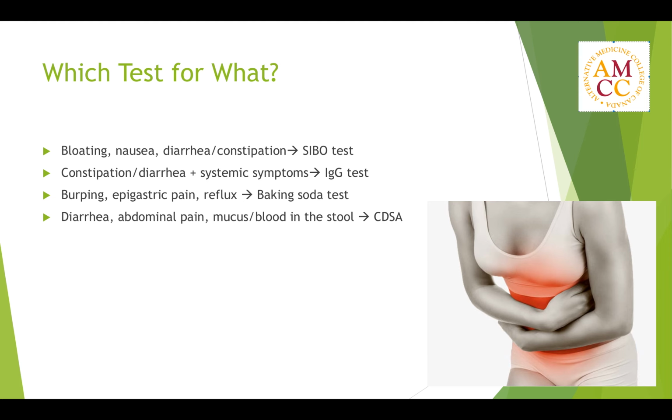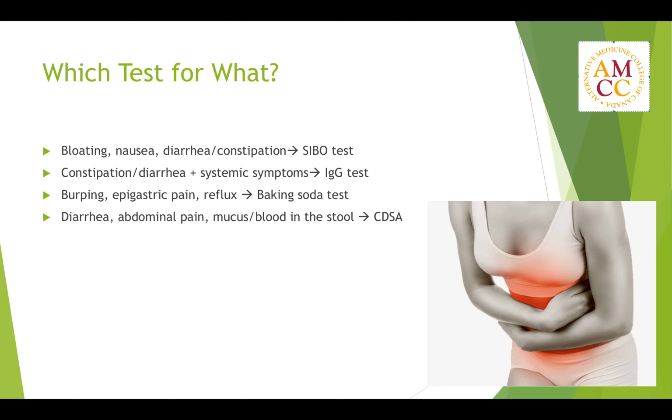If the person has digestive symptoms, but they also have systemic or extra-digestive symptoms, like for example eczema, acne, joint pain, fatigue, headaches, menstrual pain, or chronic nasal congestion, then we're thinking more of a food intolerance, and so we'd prefer to run the IgG test.